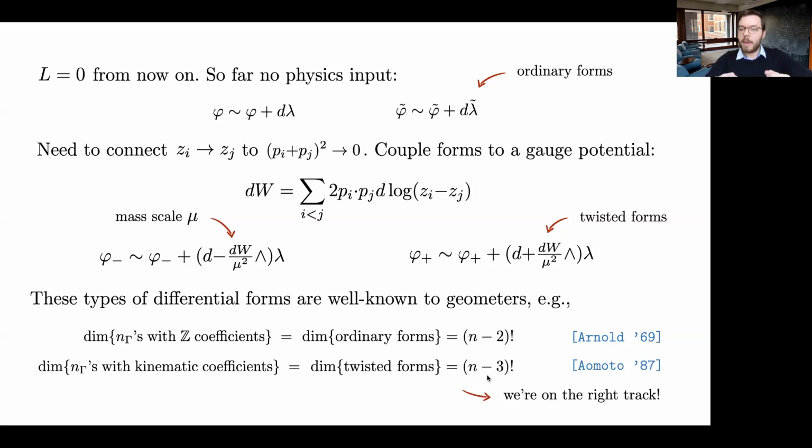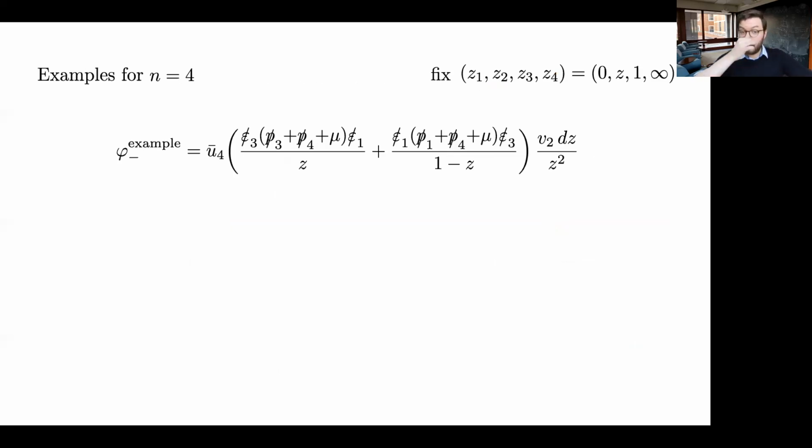So that means we must be on the right track. This might all be dry, so let me just give you some concrete example. What we're going to do is consider 4 points, and let me use this gauge fixing for simplicity. One example of a twisted form is this one, which has poles at 0 and 1.